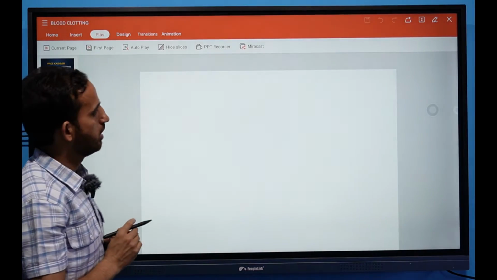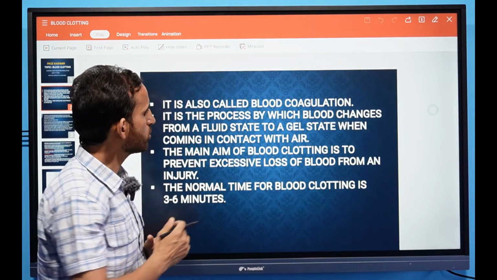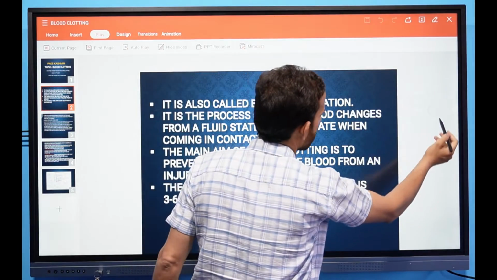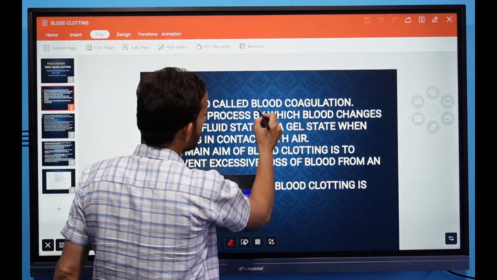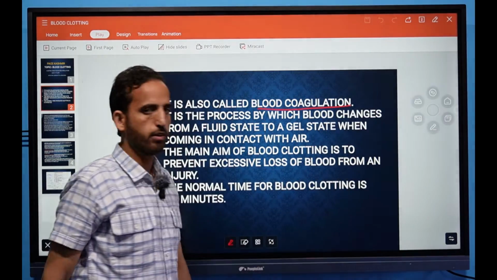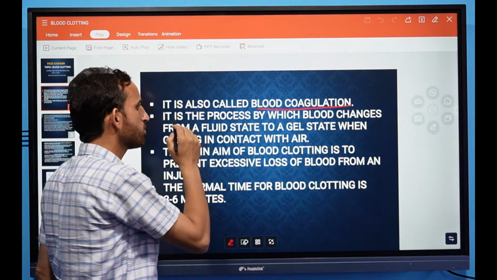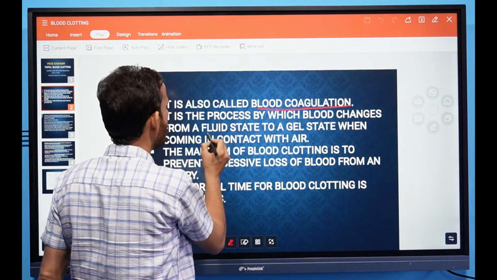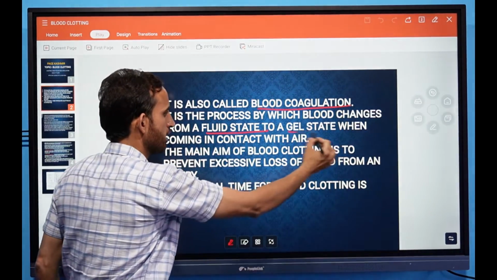The first point, keep in mind: what does blood clotting actually mean? Blood clotting is also called blood coagulation. Blood clotting is a mechanism responsible for the conversion of the fluid state of the blood into the gel state.